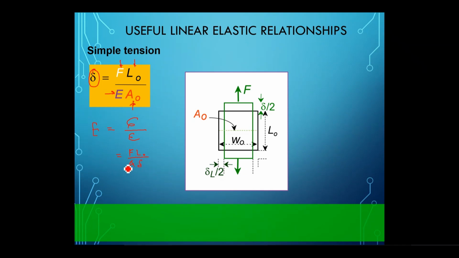So you have this relationship. Now, if you rearrange it, you essentially have deformation equals force multiplied by L naught, divided by A multiplied by the Young's modulus, the same relationship you have over here.